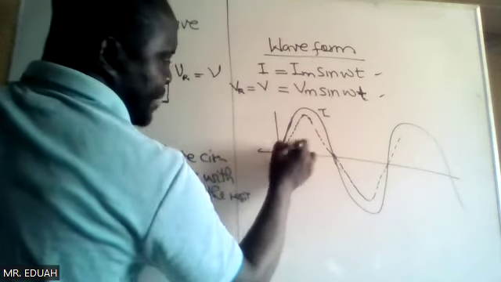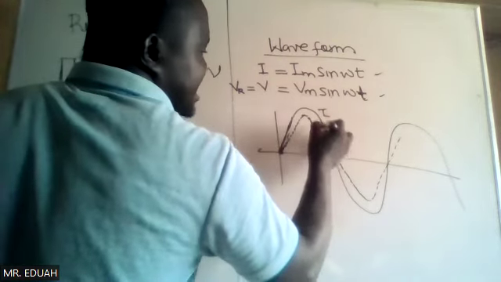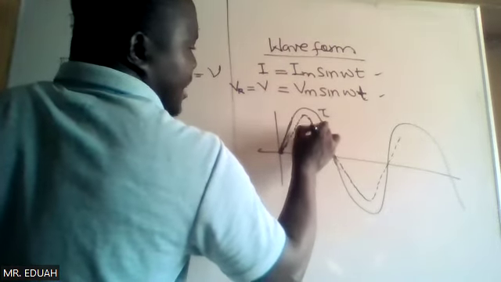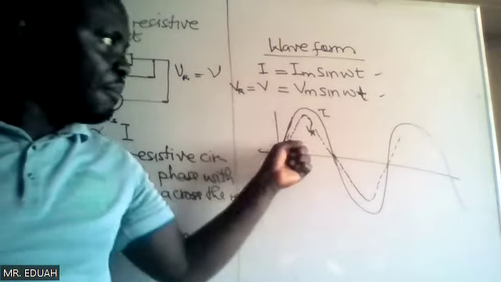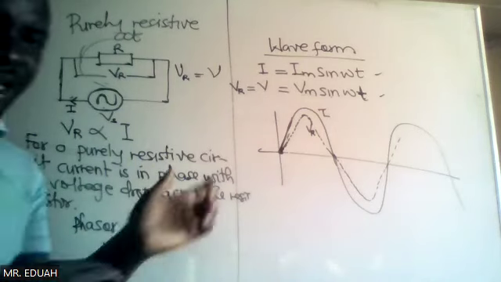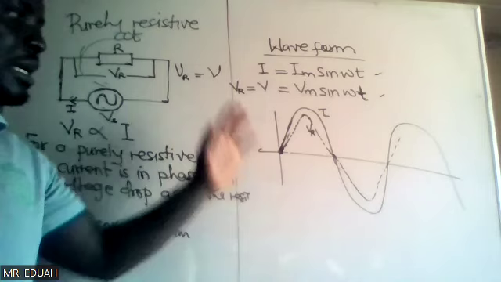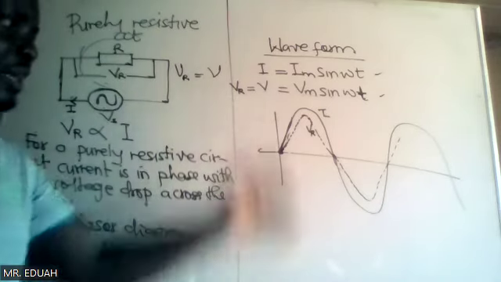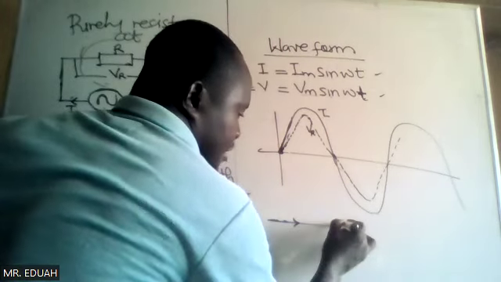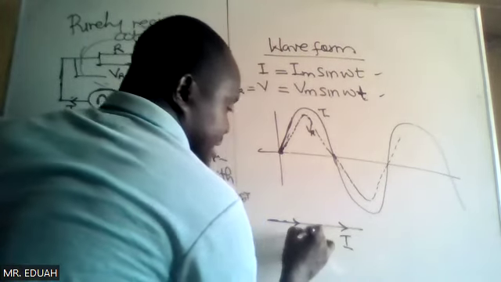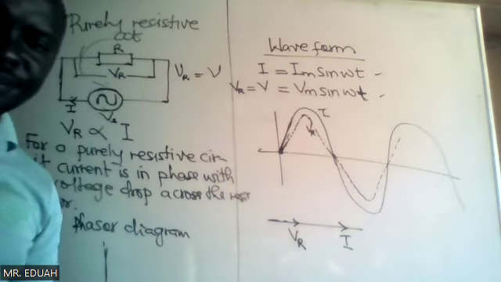The reason I'm representing this in a broken line fashion is just to create the distinction. So this is VR. This is the waveform for the current and the voltage drop across the resistor. It starts at the same point and falls together. And this is the phasor diagram, I as against VR. Any question?